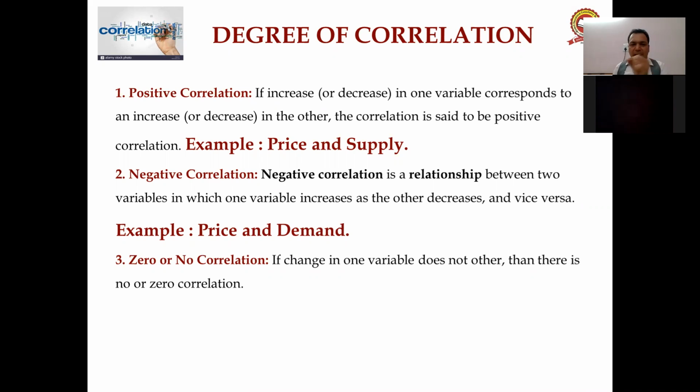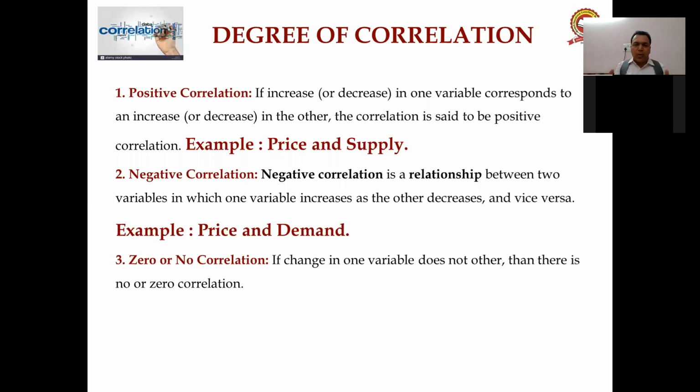You are looking at the example of price and supply. Price is my one variable, say x, and supply is my second variable, say y. When the price is increasing and supply is also increasing, this is called positive correlation, right? And when the price is decreasing and the supply is also decreasing, this is also called positive correlation.